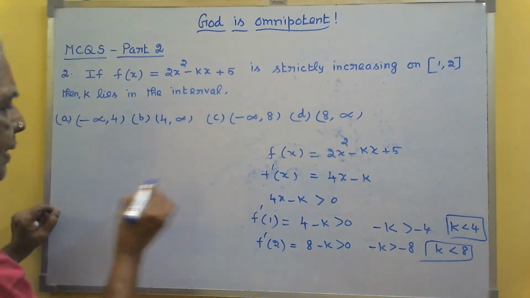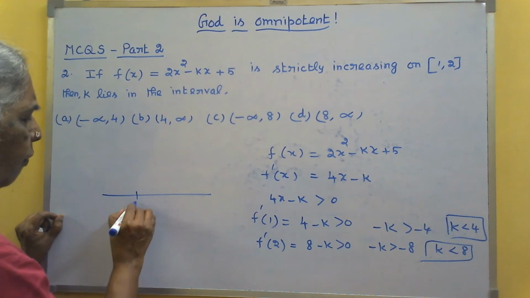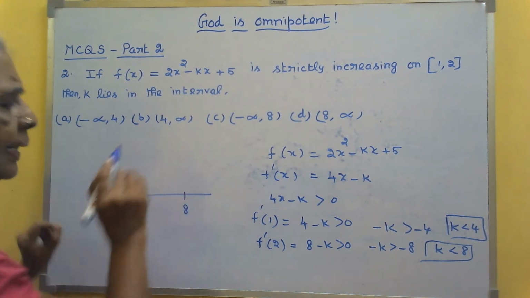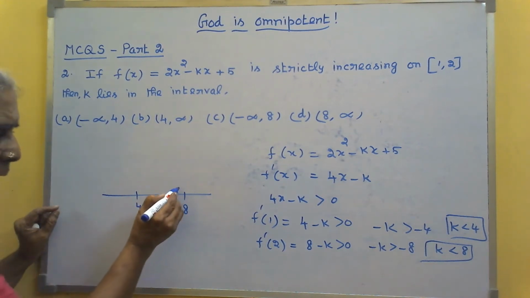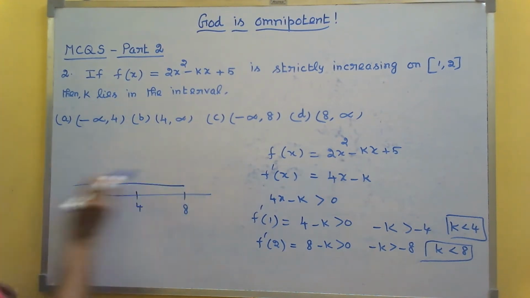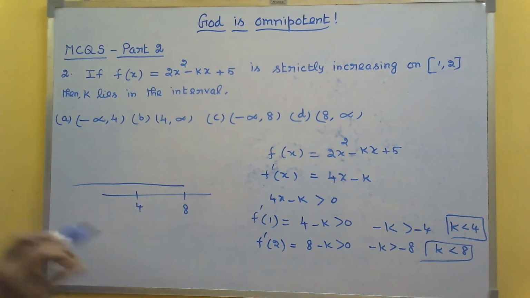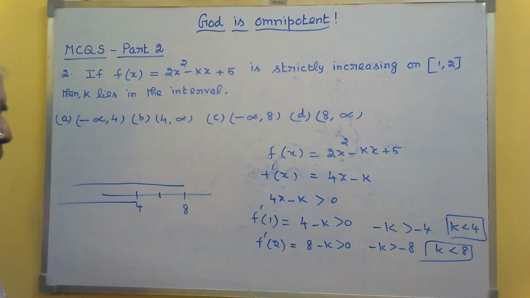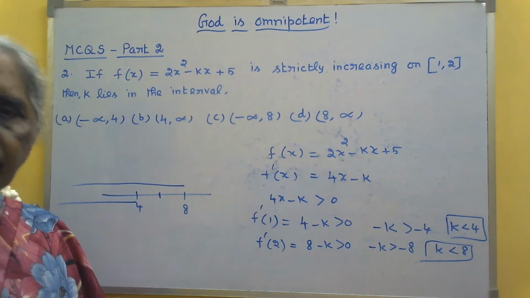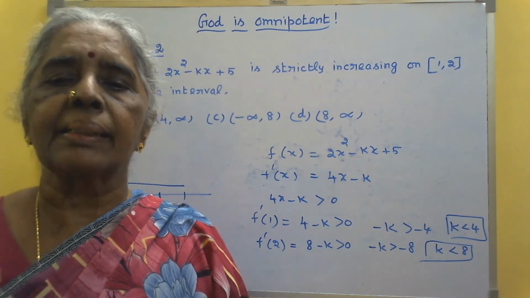You consider the number line. Here 4 is somewhere here and 8 is here, right? Now k less than 8 means like this, going everywhere to the left of 8. K less than 4 means to the left of this. Now, supposing you consider some point here, that will be less than 8, but that will not be less than 4.